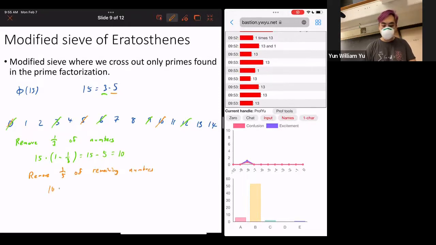So that's like saying 10 times (1 minus 1/5), which is equal to 10 minus 2, which is equal to 8. And therefore, we know that phi of 15 is equal to 8. So you notice that we now have a rule that seems to work even if we don't go through and cross out the numbers one by one. All we need to know is the prime factorization.